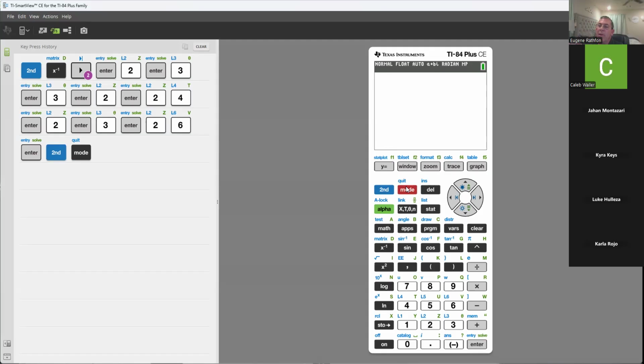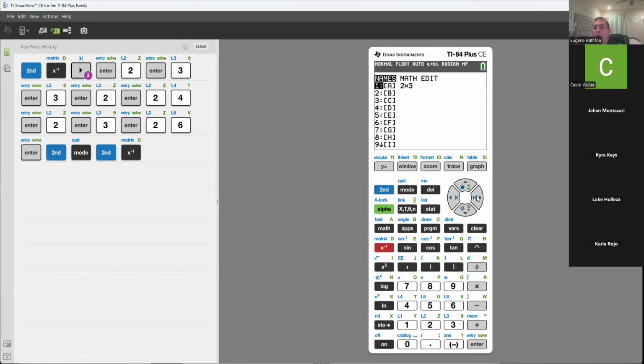Now we need to get the calculator to do some math on it. So you want to hit second X negative 1 to get back into the matrix stuff. And see, right now my number 1A is that 2 by 3 matrix we just put in.